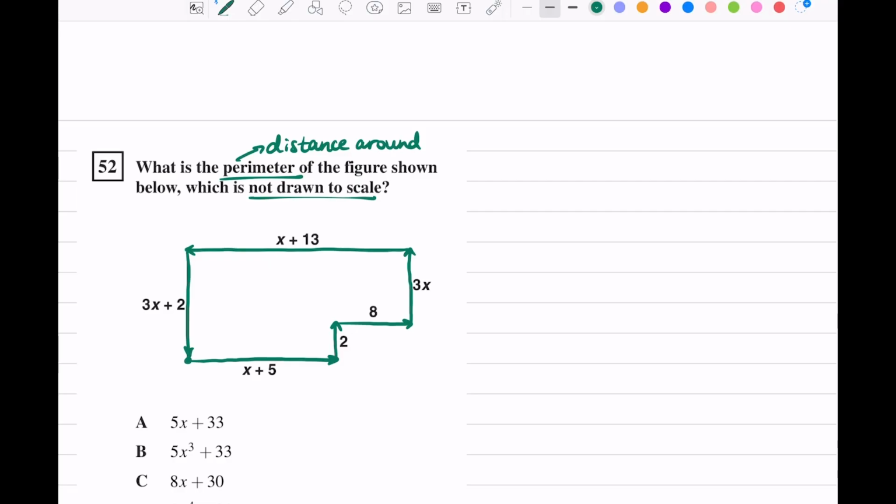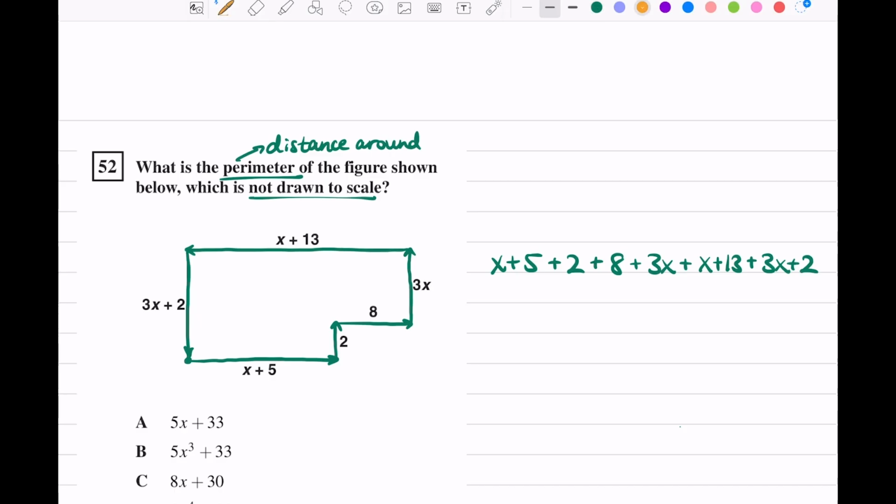So to find this distance around, all we need to do is add up each of these sides. So starting with our x plus 5, we walk x plus 5 units, then we walk 2, then 8, then 3x, then x plus 13, and finally we walk 3x plus 2 units to get to our starting point.